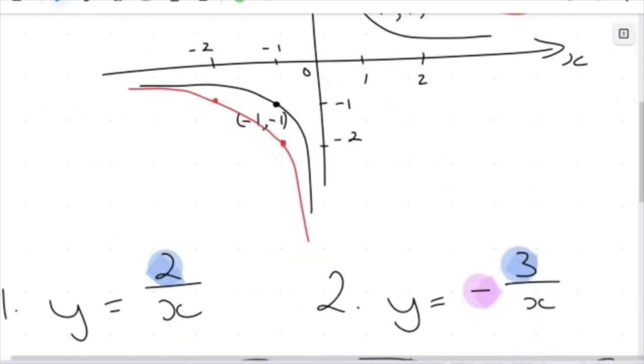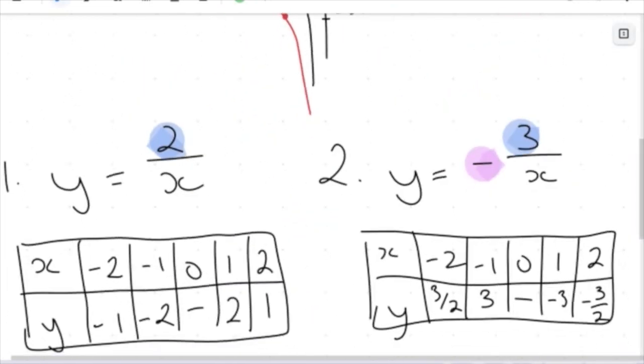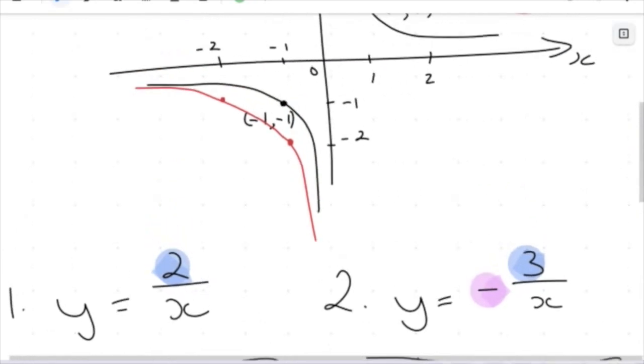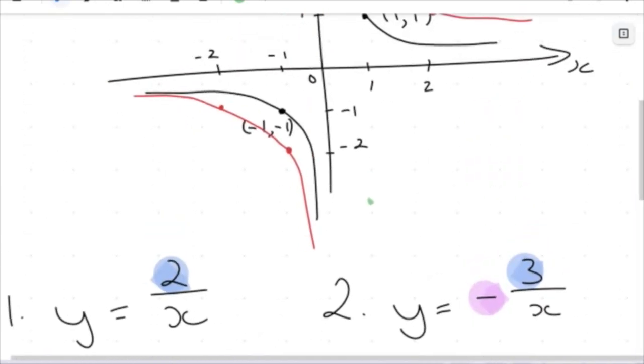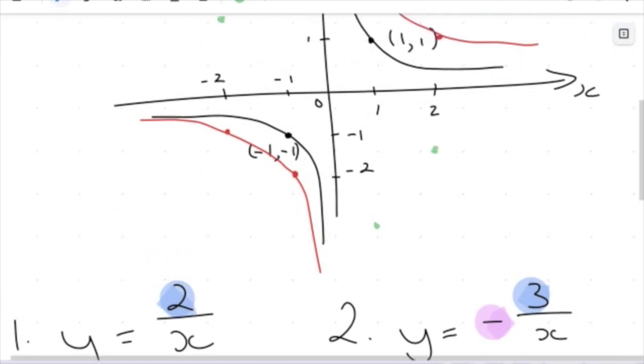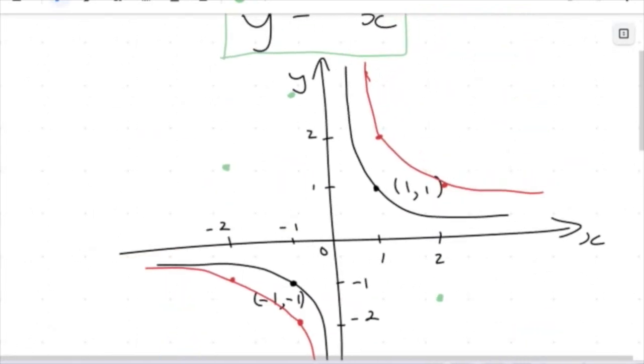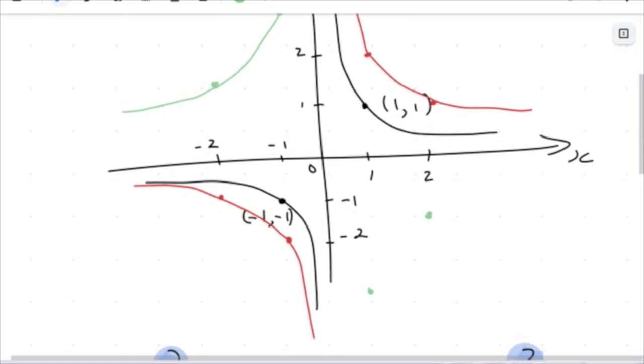And 0 we can't have. When x is 1, y is equal to -3. So that's like down here. And when x is 2, y is -3 on 2, or -1.5. So that's going to be about there. So when we actually draw this in, we're going to get something that looks like this.